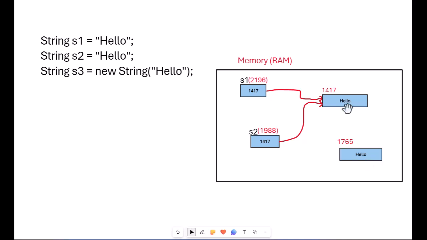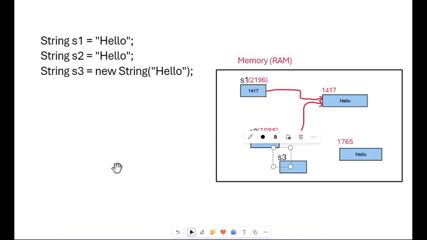I have the literal hello where Java created it for me, and Java knows where it is located, and I have a new string, a new memory location with the same value. Now this string s3 is going to create a memory location for s3 also at a random address. So this is randomly in memory, and this will be identified by s3.